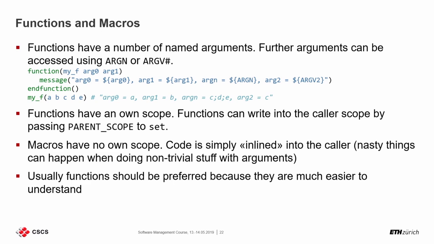Or I can use this special variable, which is argv2, to refer to the third argument. And as you hopefully expect, functions have their own scope, so all you do inside a function will not leak out to the outside world.